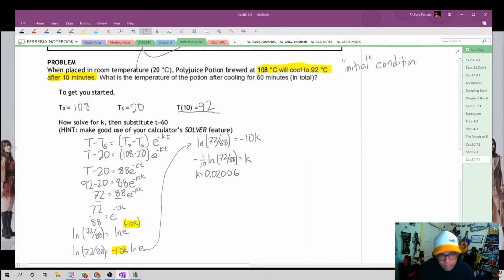Here on paper, I'm going to write down that k is equal to this number, but I'm not really going to write this number ever again. I'm just going to use the value of k, because now I've told whoever's reading my paper that this is the number that I'm going to use for k from now on.